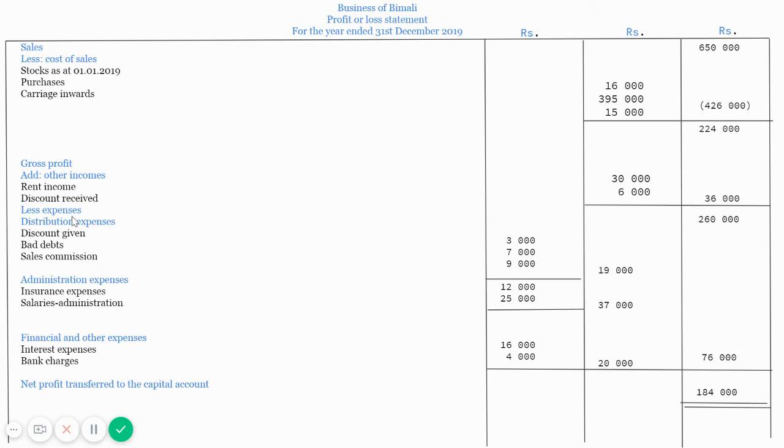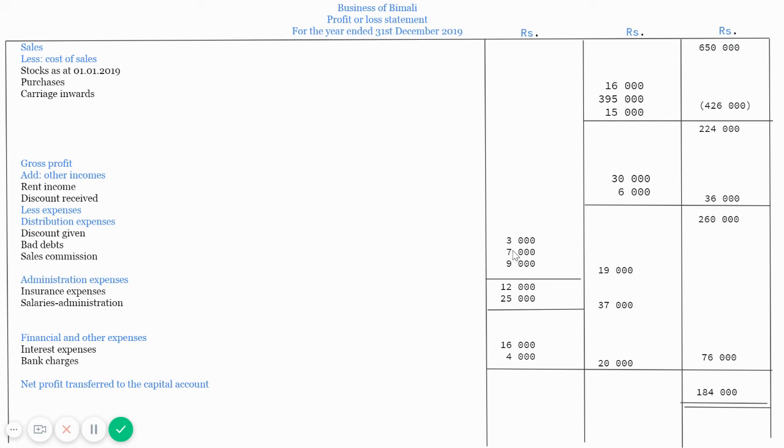Then after sales in the trial balance, we have the figure of discount given. We are giving discounts to the customers, that means to the debtors. So it's a distribution expense. When you do sales, we'll be able to give discounts. So then it comes under distribution expenses as 3,000 under the first column.